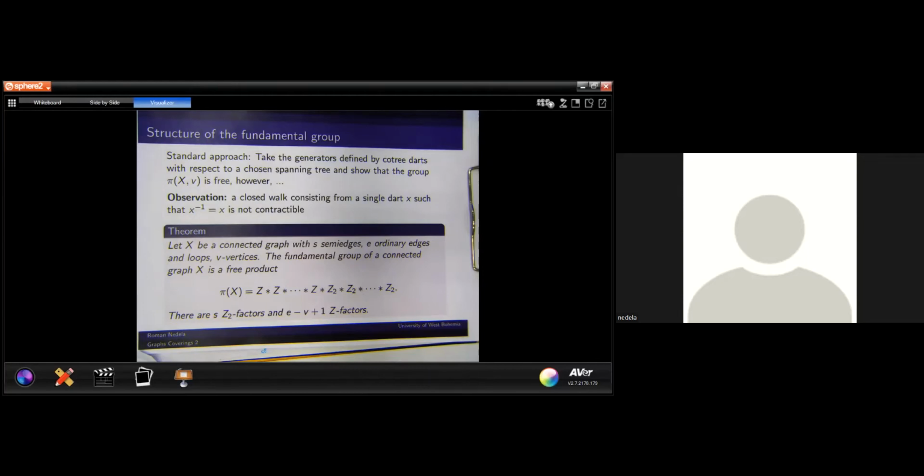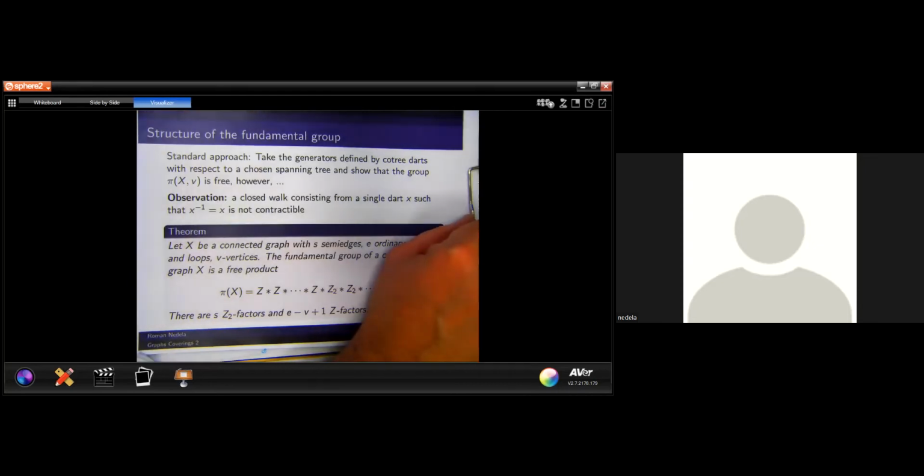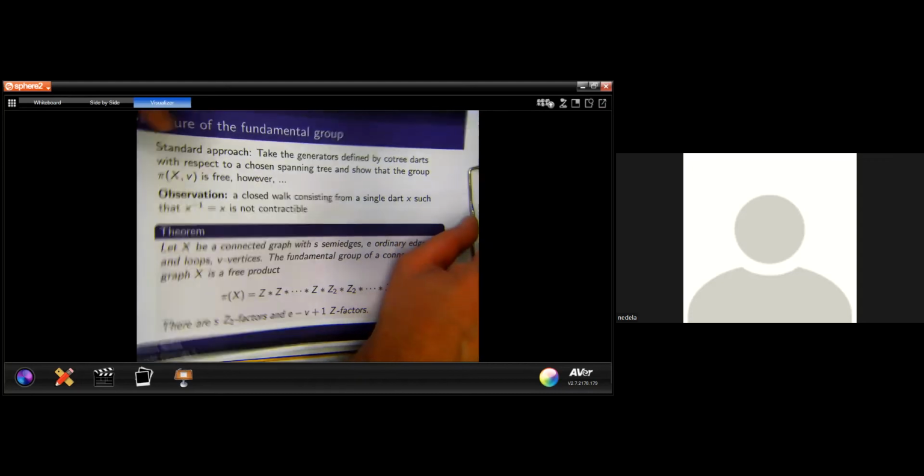But if there are semi-edges, then each semi-edge contributes a factor Z2 in the free product. So we have as many Z2 factors as the number of semi-edges, plus E minus V plus 1 Z factors. So I'm just repeating something from the previous talk.